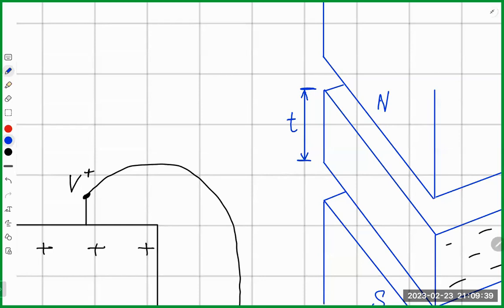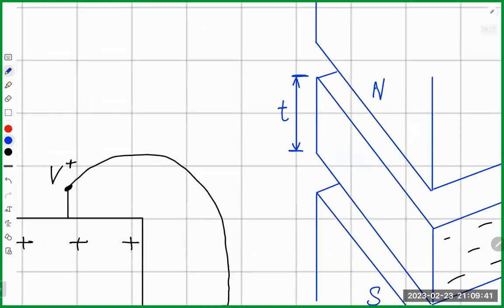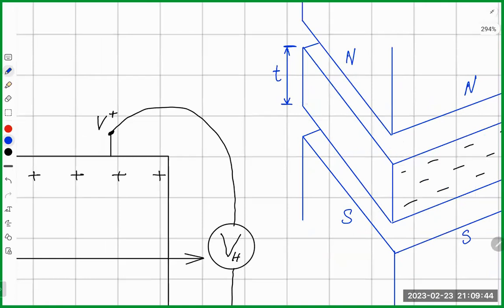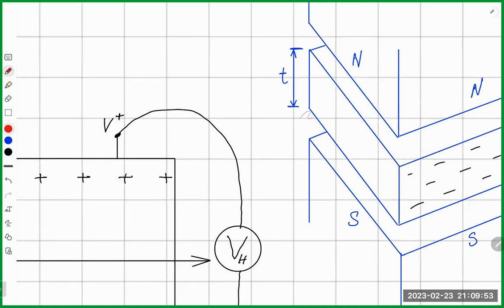In this case, t is not time, it is thickness. This is width. Let's give it name W. So this is area, which will be W t.